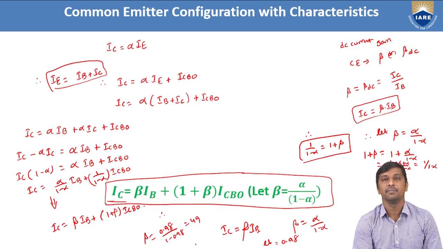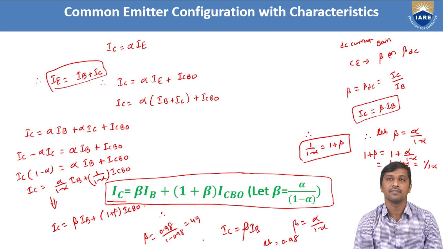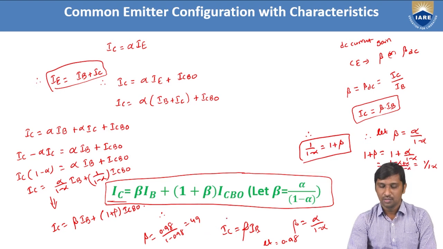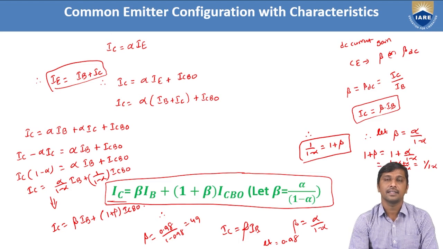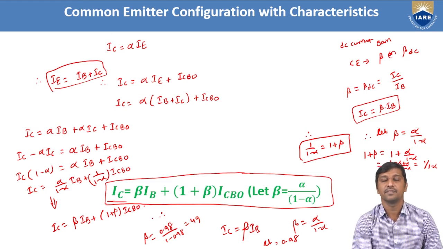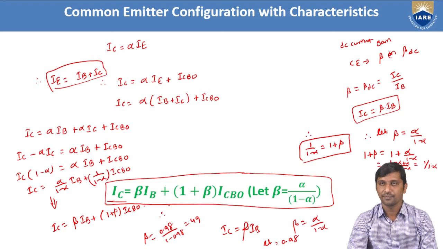So in general, the beta is a very large value. Hence, a faithful amplification is done through this common emitter configuration. By this representation, the collector current is defined in terms of DC current gain along with your input current.